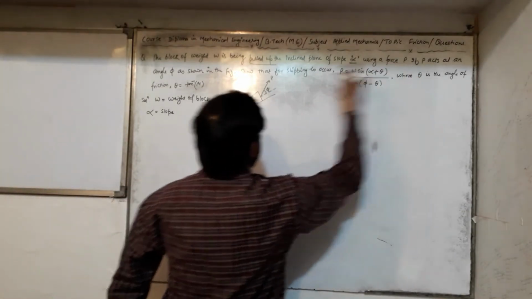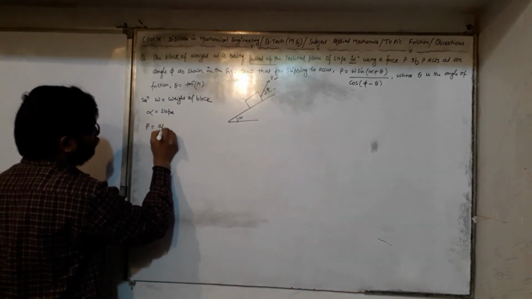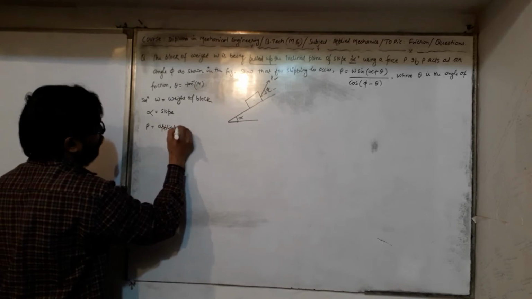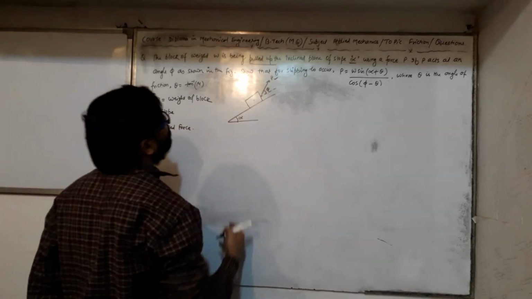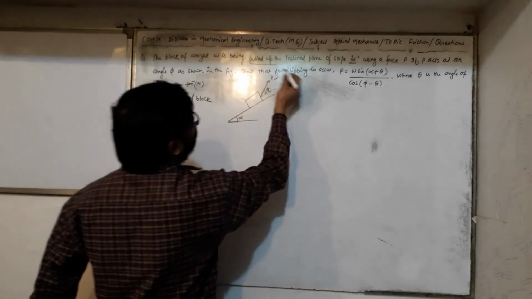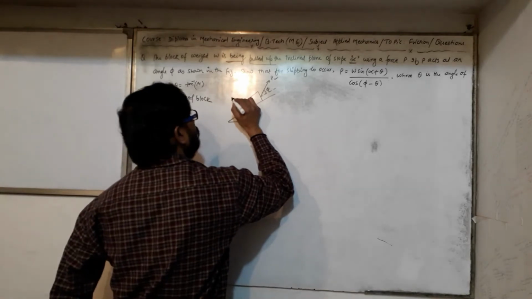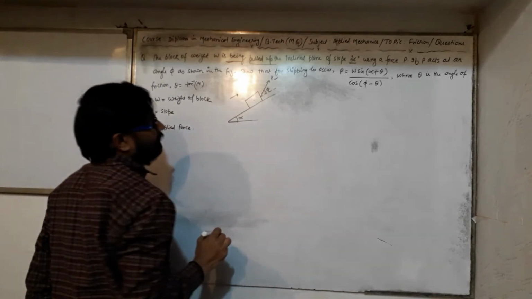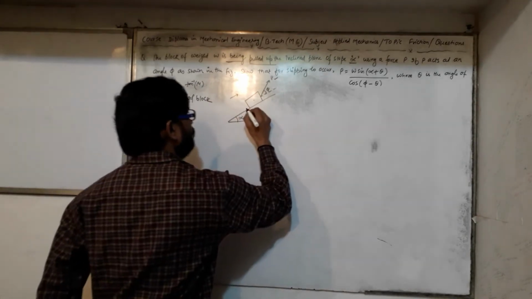Using a force P, where P is the applied force. The body is being pulled up, which means the tendency of the body is to move upward. So frictional force would come into the picture and act in the downward direction.